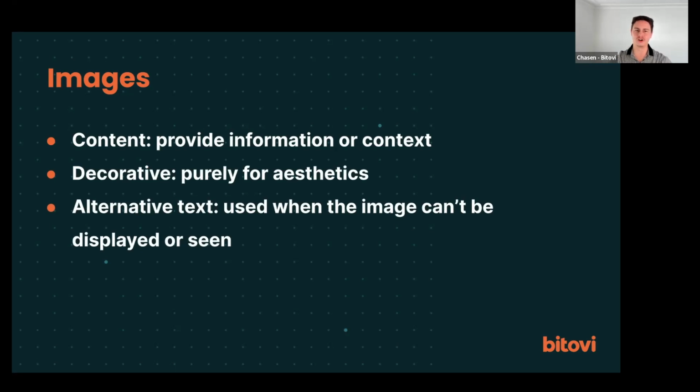Alt text, or alternative text, is what we use when an image can't be displayed or seen. And I'm specifically saying displayed or seen. I think seen is pretty obvious: if you're low vision, or if you're blind and you're not able to see an image, you're going to rely on alt text for that. But displayed: when an image can't be loaded, most browsers are going to show the alt text.